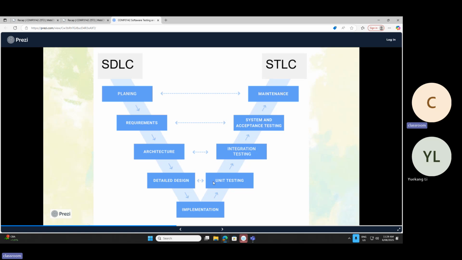Unit testing is used for testing the actual implementation and the detailed design. Integration testing is more about testing the architecture of the software. And system testing is more about testing the software against the actual requirements.